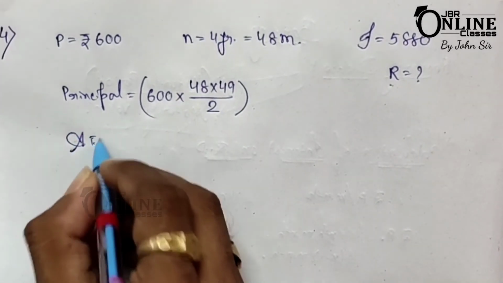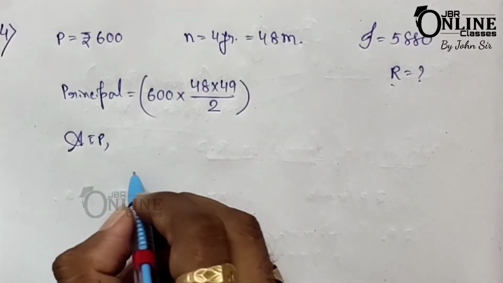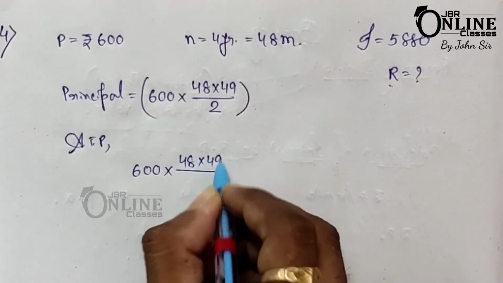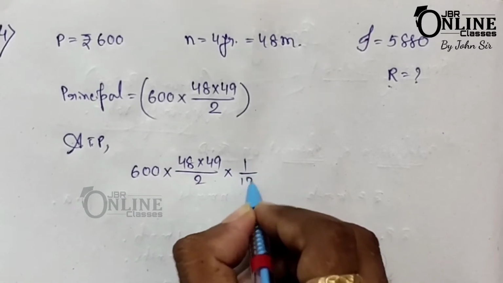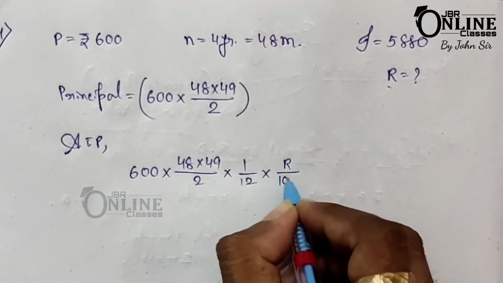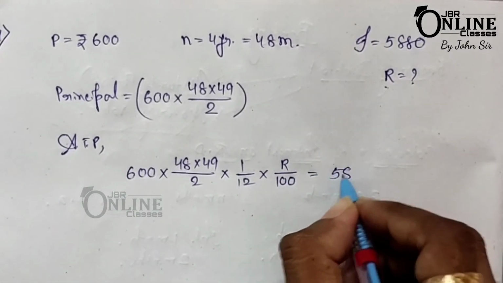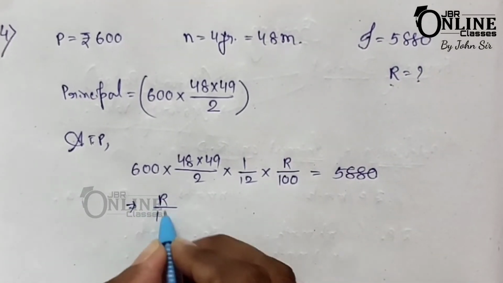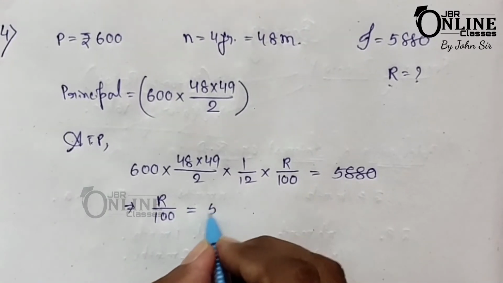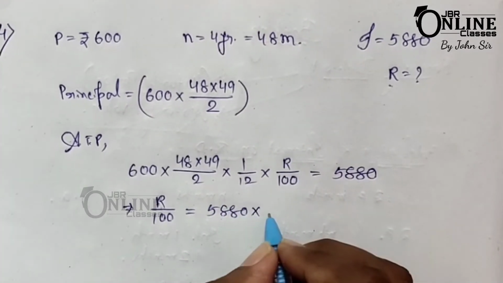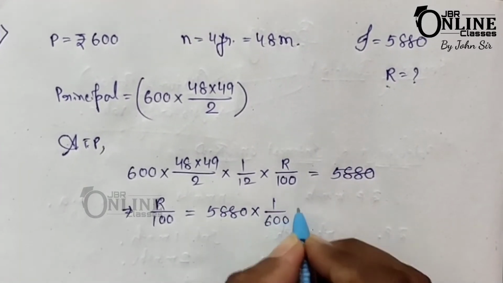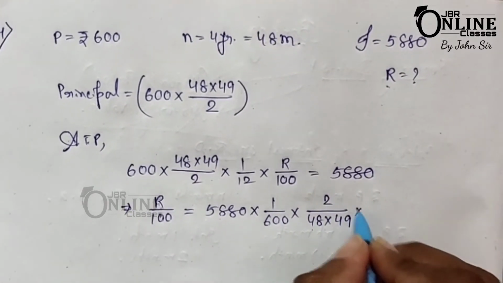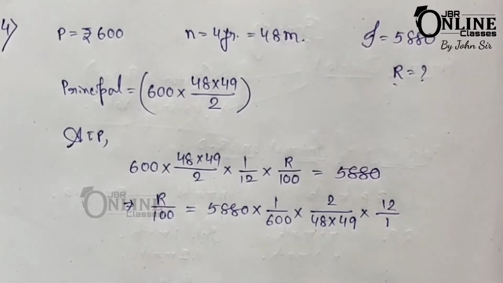Then according to the formula of interest, that equals total principal into 1 by 12 into R by 100, and that equals 5880. It's given. So here R by 100 equals 5880 into 1 by 600 into 2 by 48 into 49 into 12 by 1.